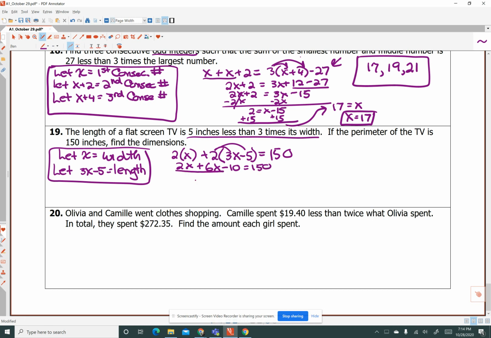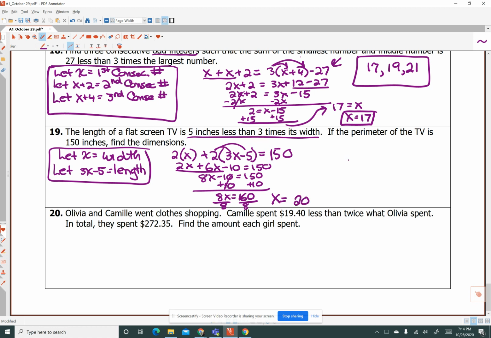We can combine 2x and 6x, 8x minus 10 equals 150, and then we'll add 10 to both sides. 8x equals 160, and if we divide everything by 8, x equals 20.